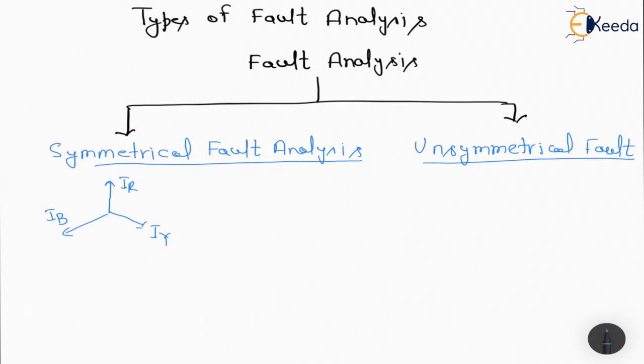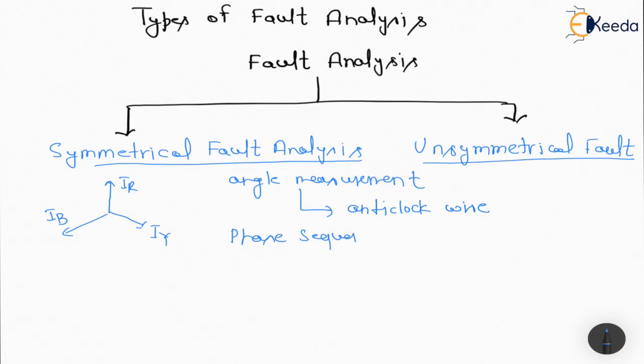We need to understand here that the angle measurement is done anti-clockwise, and the phase sequence will always be clockwise. So you always need to remember these two points if you are studying fault analysis. Angle measurement will be done anti-clockwise and the phase sequence will be clockwise.